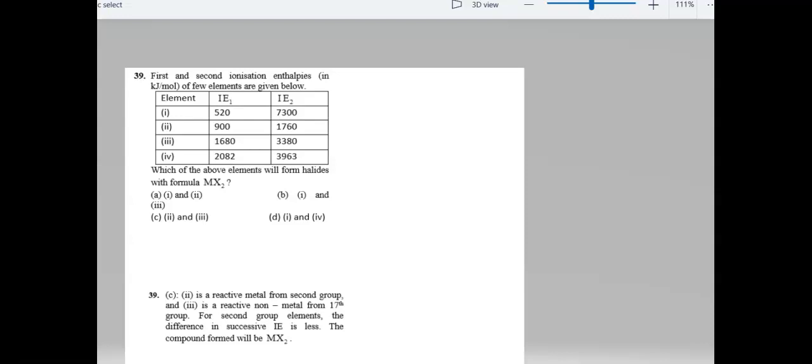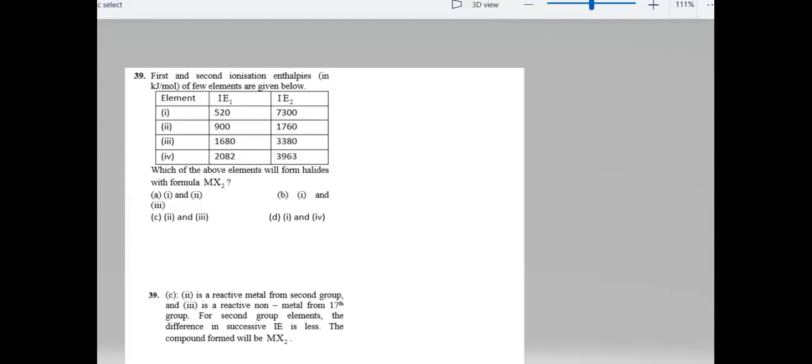Second group elements have outer electronic configuration of ns2. So they easily lose the first electron, and then less energy is required to remove the second electron also. So the difference between first and second ionization enthalpy is not very big. Hence the second option, 900 and 1760, belongs to the second group only.